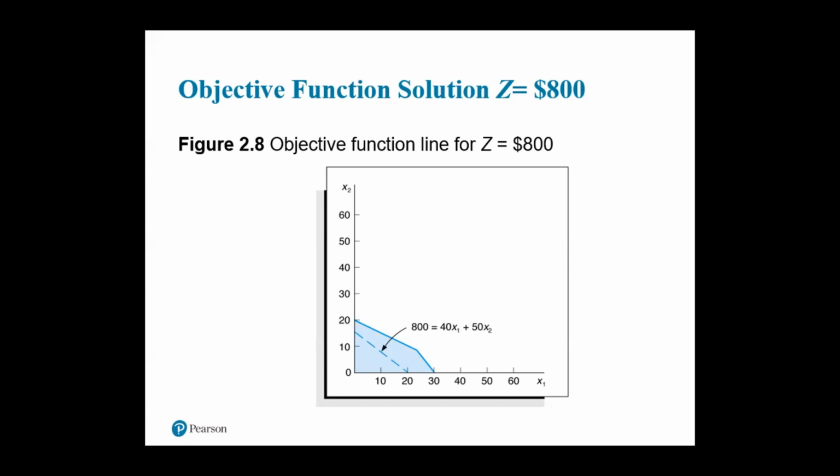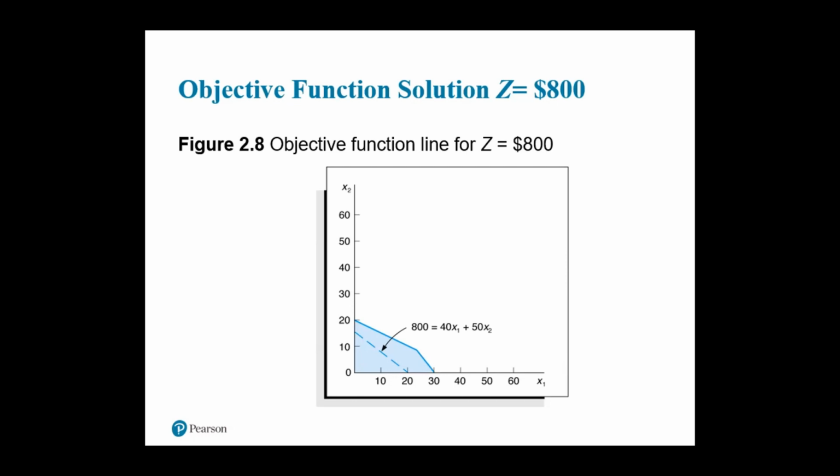So let's assume that x1 is equal to 0. Then x2 will be equal to 800 divided by 50, which is 16.